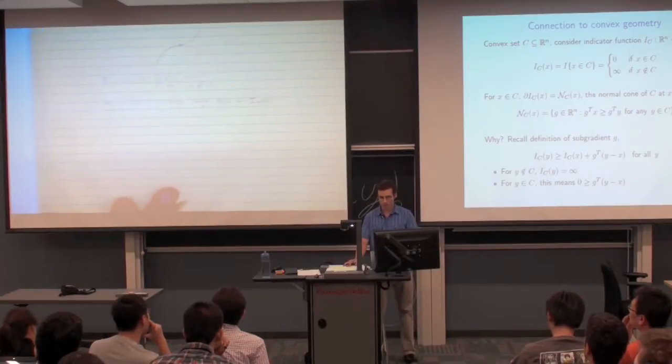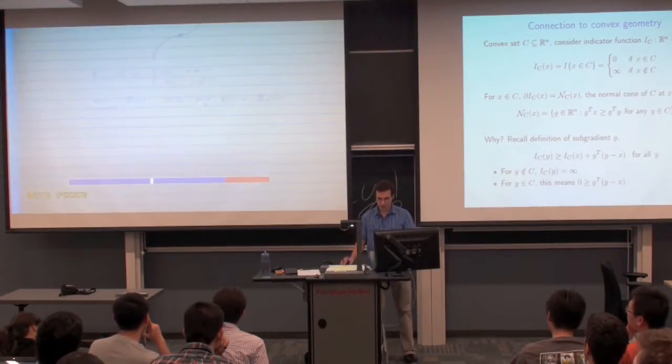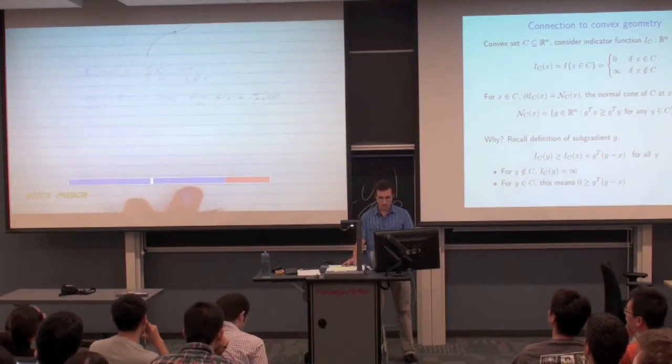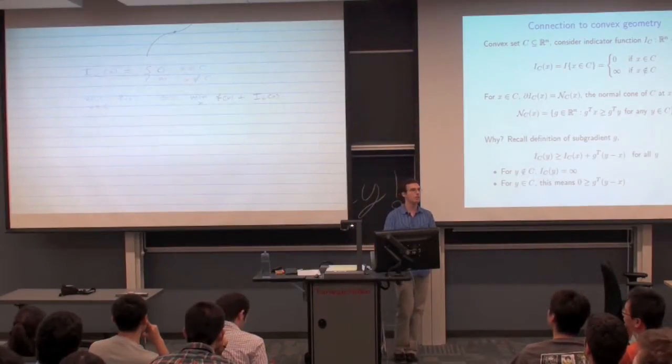The indicator is just added to the criterion, and it gives me 0 when x is in the set and infinity when it's not.